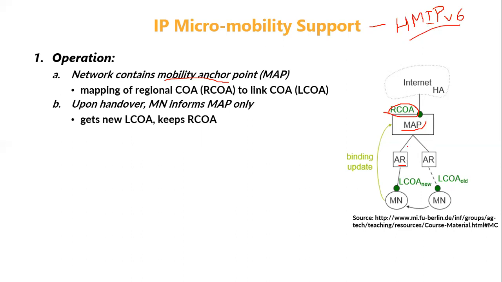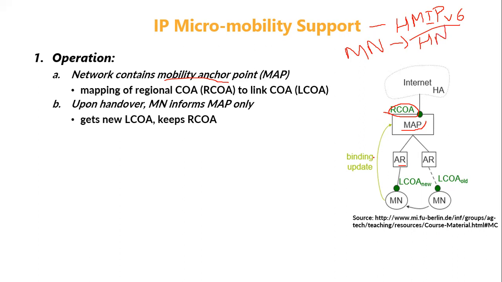And to this AR, you can see there are many MNs attached. Assume that there is a mobile node which is normally registered with a home agent or a home network. Consider this mobile node is moving to a foreign network.